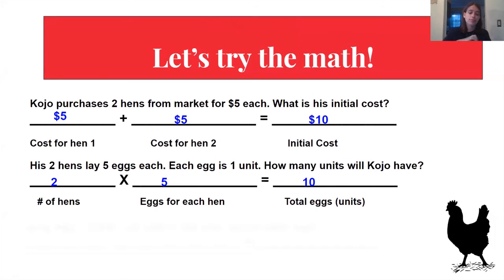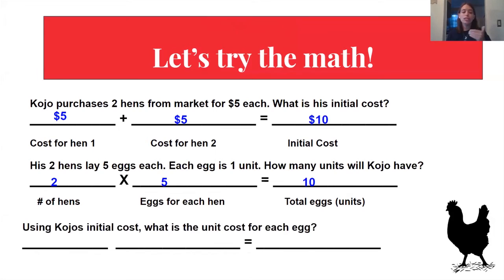Okay? So we're using Kojo's initial cost. What is the unit cost for each egg? So we're trying to figure out how much it costs for each egg, just to get it down to our very basic math. So we have the initial cost, which was $10. We want to take that and figure out how much it costs so he can have 1 egg. So we take his initial cost, we divide it by the total number of eggs that he has, or total number of products or units that he's going to be selling.